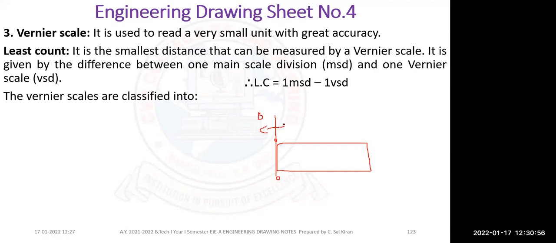If I'm going forward, this is my forward scale. There are two types of Vernier: backward scale Vernier and forward Vernier. In a problem, they can ask you to solve a Vernier scale problem by backward scale or by forward scale. So depending upon the situation, you have to use either backward scale or forward scale. We will be learning what is meant by forward and what is meant by backward.